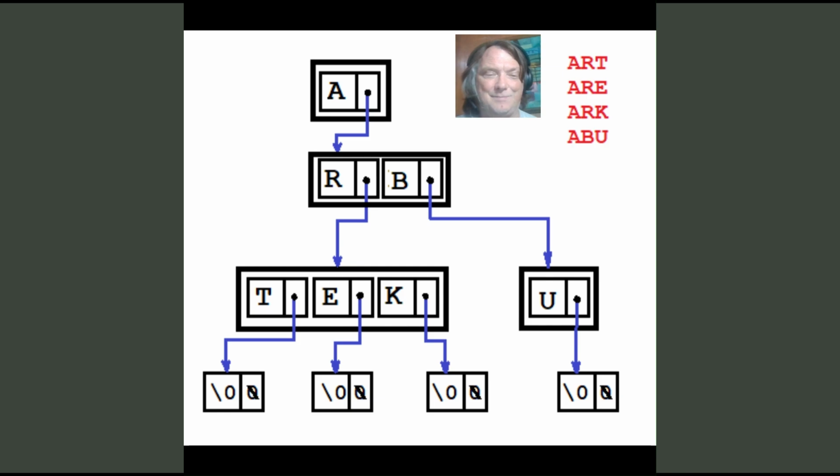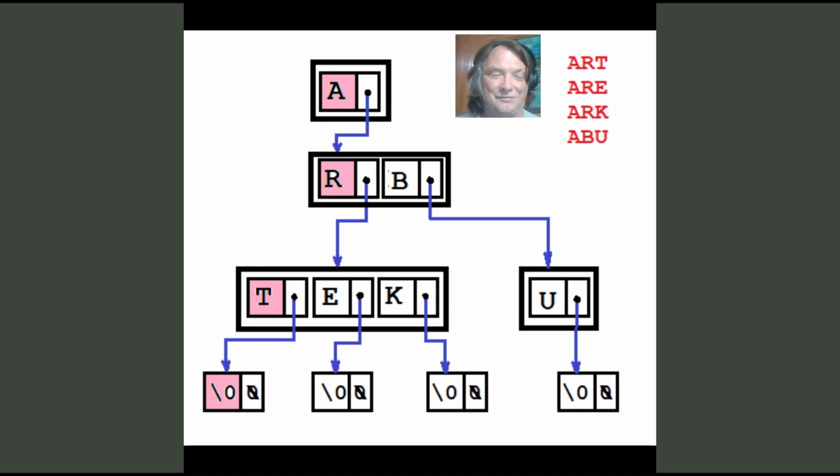Now getting back to this, each node has an array of character pointer pairs, and so every word is broken into all these character pointer pairs. So your first word, A, R, T, null character, right?